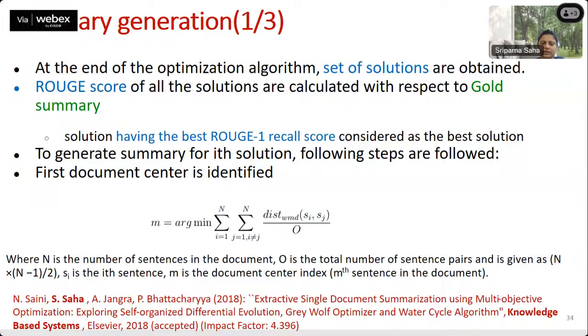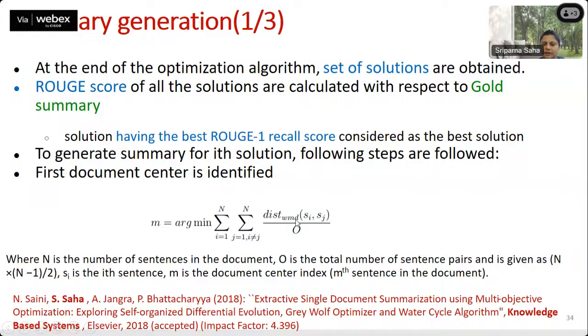To generate the summary for the ith solution, the following steps are followed. First we are calculating the document center. The document center is the particular sentence whose average distance with respect to all the other sentences is the minimum.